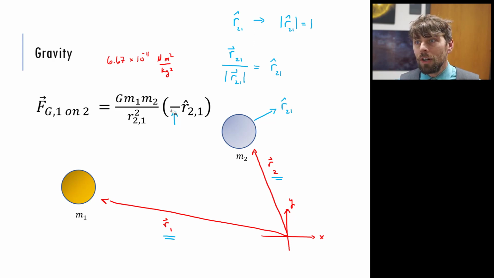So if the relative position vector is pointing in the 2 o'clock position, diagonally to the upper right, then a negative sign will cause that vector to flip, and so the negative r21 hat is pointing not away from the first mass, but towards it.